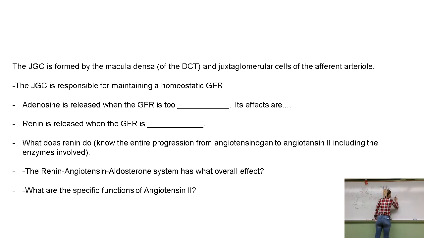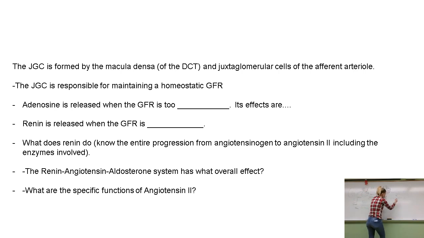Good. Angiotensinogen is in the bloodstream. It's just floating around by itself, and it doesn't do anything. It's inactive. Once renin gets released from the kidney, the renin finds that angiotensinogen and converts it into angiotensin 1.